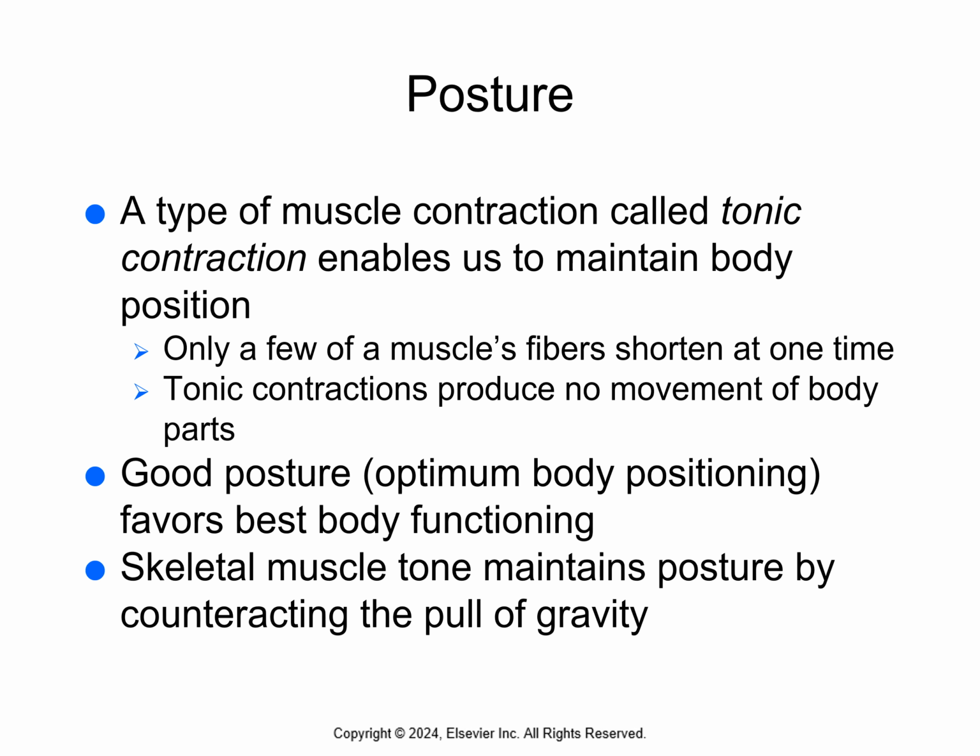This can happen because a few muscle fibers shorten at one time and the muscle as a whole does not shorten, and so no movement occurs. So a few shorten at one time, but as a whole it doesn't move, so you don't have any movement.